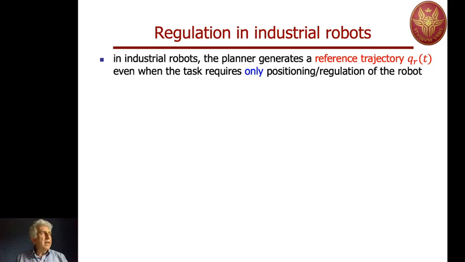So even in the case where QD is a constant reference, the trajectory planner is being called and generates a reference trajectory QR(t), which will bring the robot from the initial configuration to the desired constant configuration.